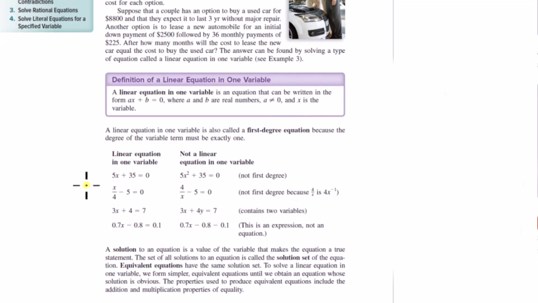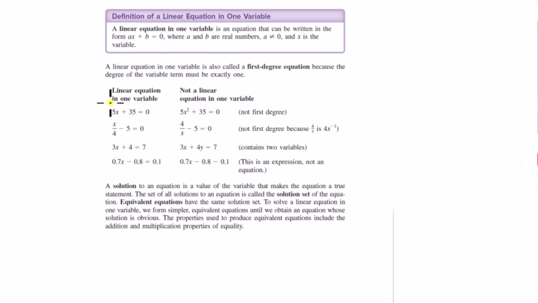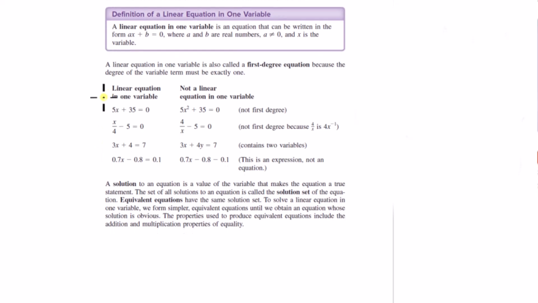Okay, so here are some examples of equations that are linear equations in one variable and some that aren't. So 5x plus 35 is equal to 0. We've got x to the first, and that's it. Linear equation in one variable. Here, 5x squared, no. This is a polynomial equation.